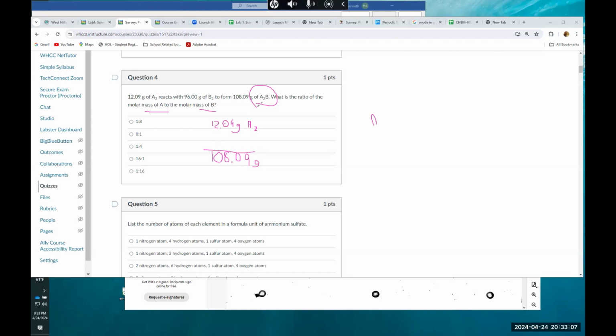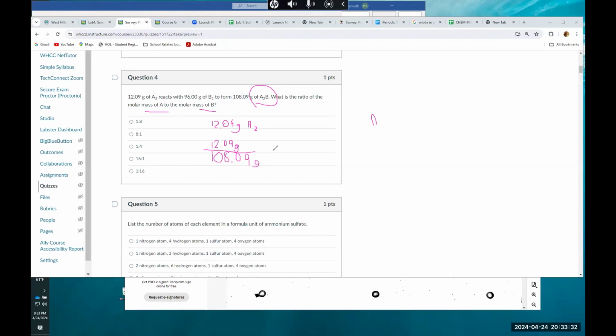Our A, because here we have two A's, that's going to be 12.09 grams, so that represents all of our A's. Then we multiply that by 100.